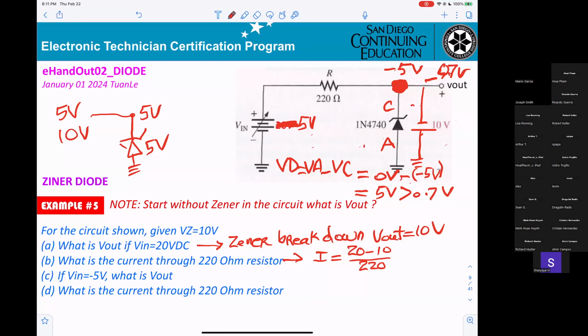So V out will be equal to minus 0.7 volt.